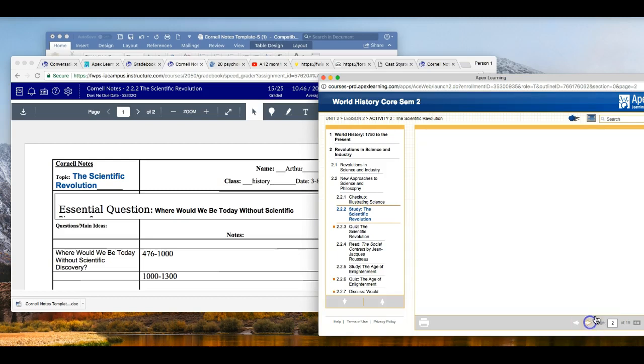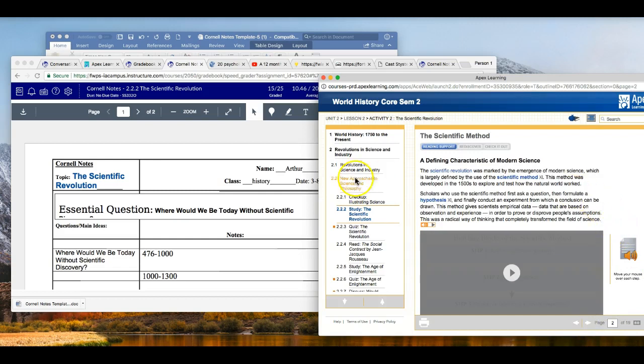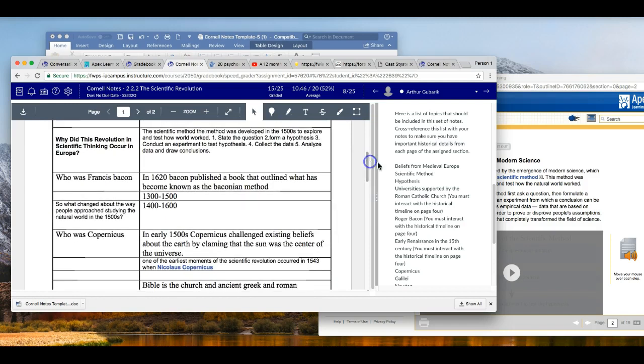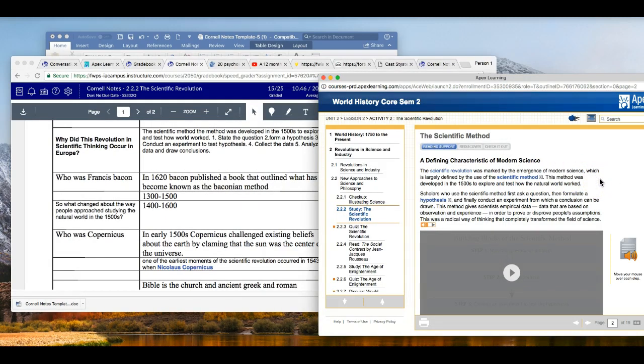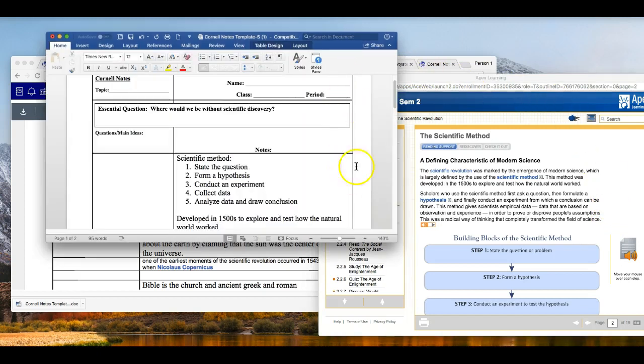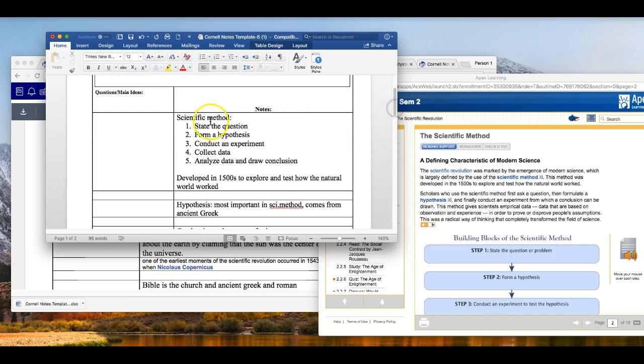So I'm going to go to the second page, and you've kind of already started doing some of that with the information that we see here. And that is to record information about the scientific method. So what I'm going to do is flip over to mine and show you that I have written the term scientific method here, and then I have stated it in and given each step of the process its own line, okay?